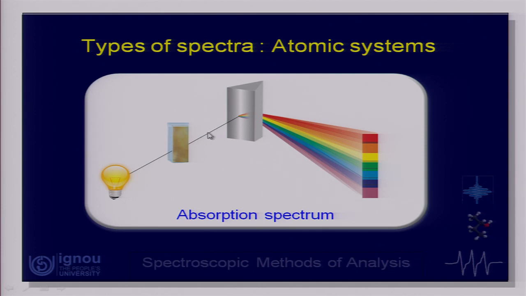When I pass this transmitted radiation through the prism again, I get the same radiation as before, but at a few places there are lines where these wavelengths are missing from the spectrum. That means they have been absorbed. Essentially, absorption of radiation by atomic systems gives us a spectrum which consists of a certain number of lines. That is about the absorption spectrum.